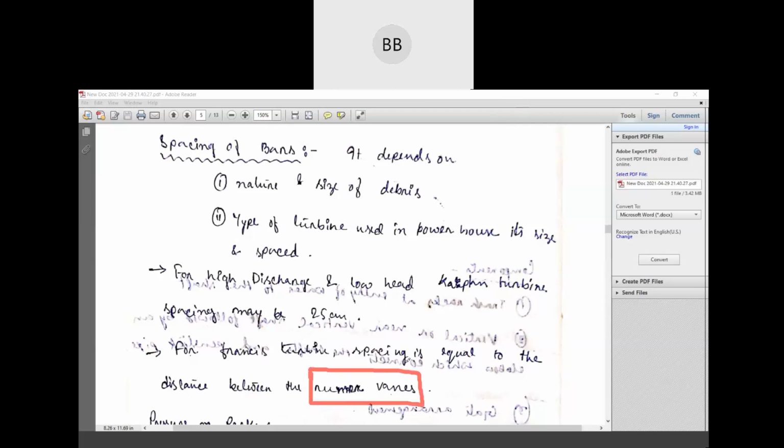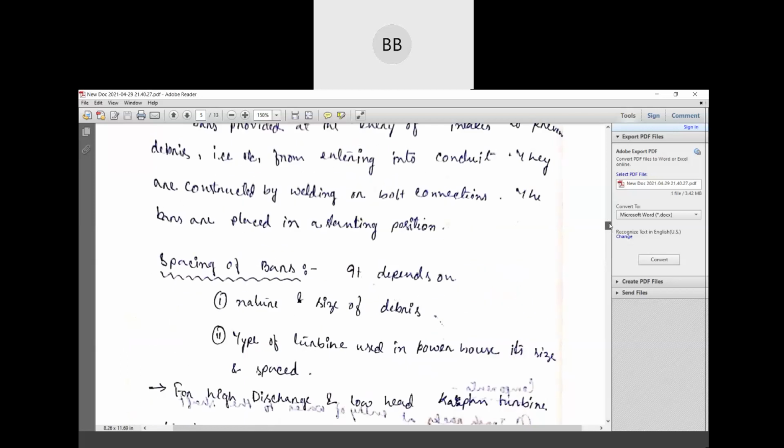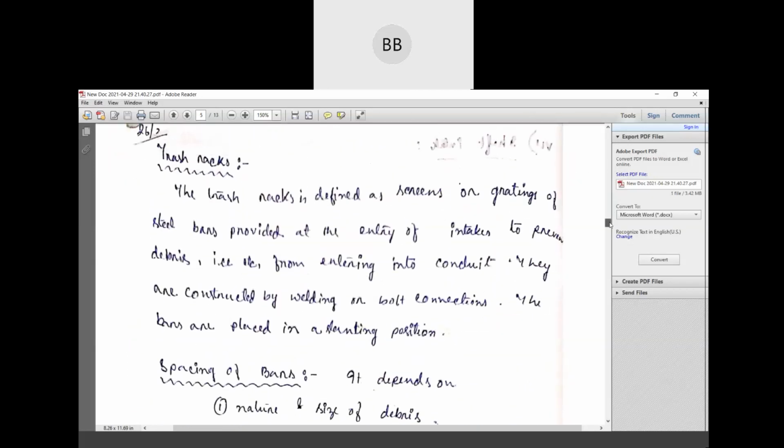So for a Kaplan turbine it may be around 25 centimeters, and for a Francis turbine it is equal to the distance between two runner vanes. These things, I think you can take a screenshot of, apart from writing.